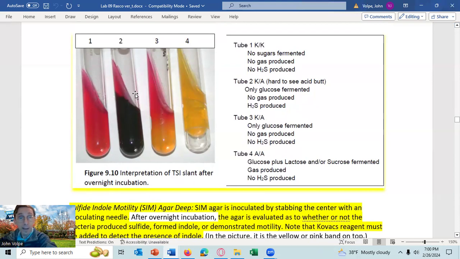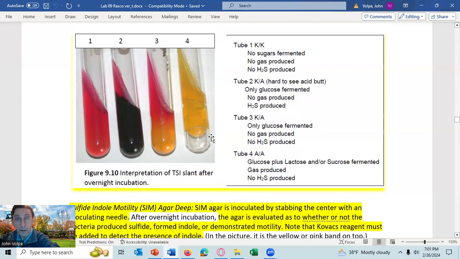In this tube, we have K in the slant, and in the butt, it's black. So we have the production of hydrogen sulfide gas, because it's black. If ever we have the production of hydrogen sulfide, you can know that fermentation occurred. So fermentation is in the butt.